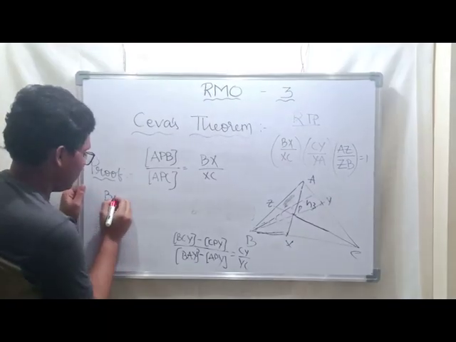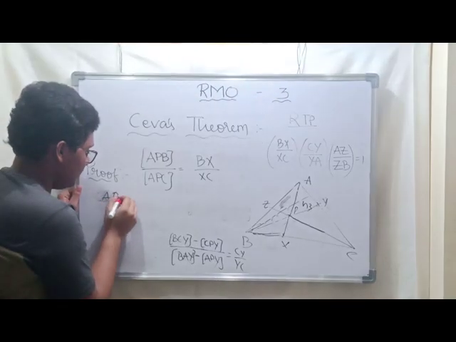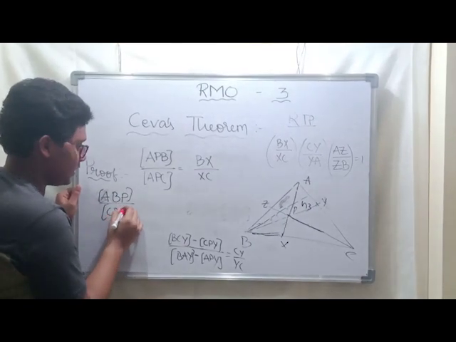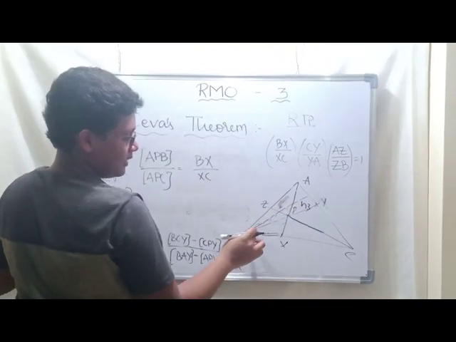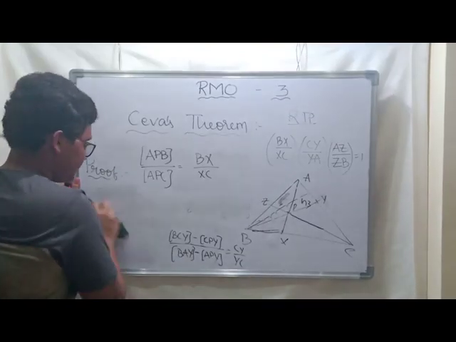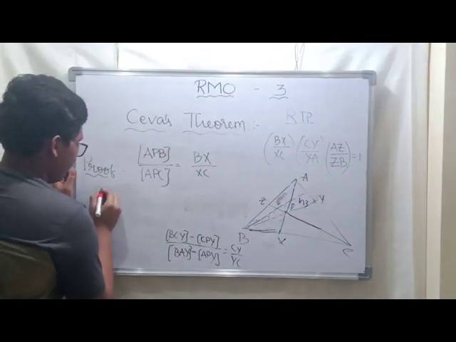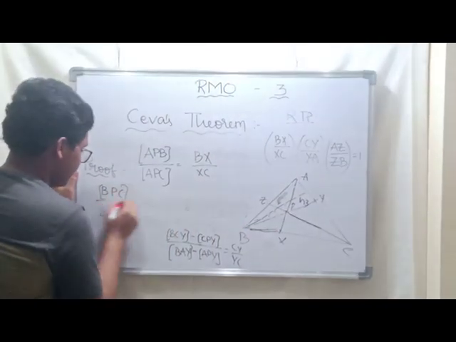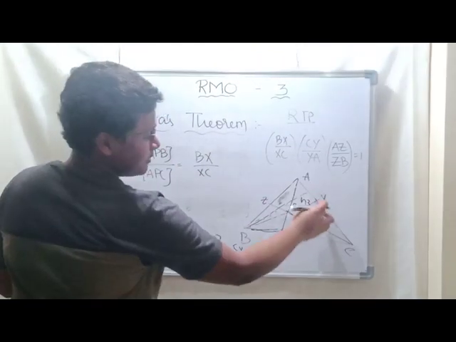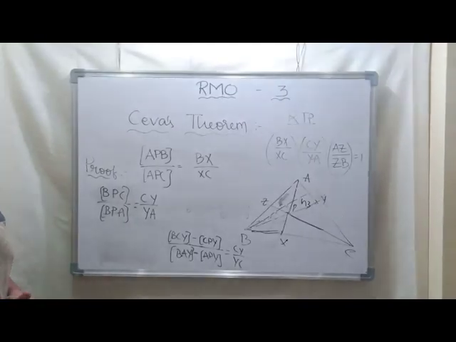So area of triangle BPC by area of triangle BPA is equal to CY by YA.